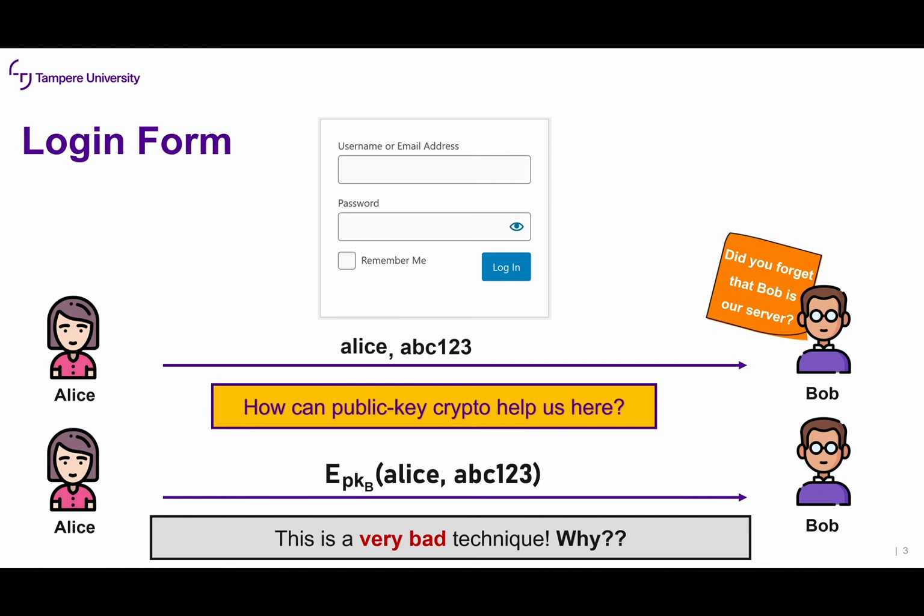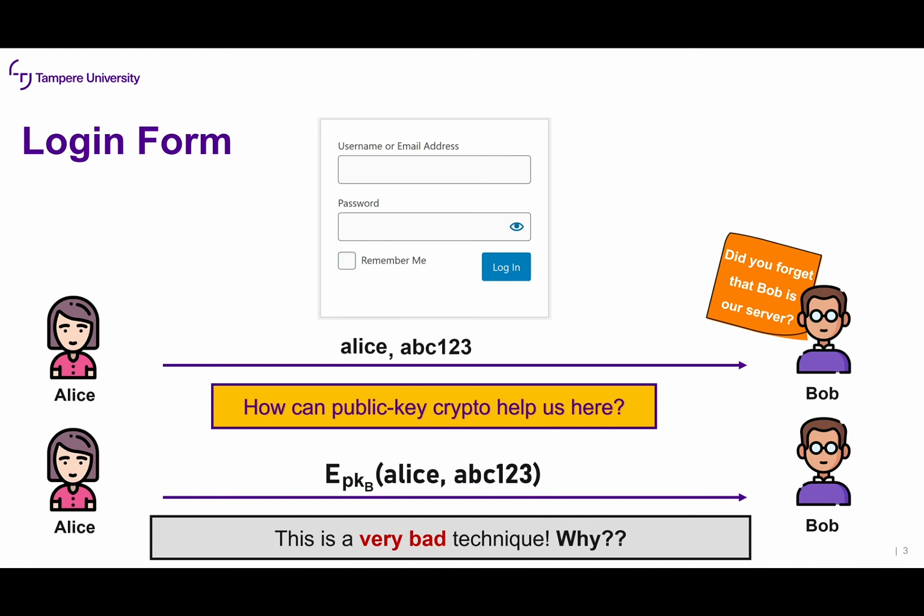It's because if we encrypt all of our private information with Bob's public key, it's like we are assuming that Bob will always be trusted, right? So giving out our password to Bob is not a good strategy, right? We must make sure that our password will never be known to anyone else but us, the actual password, right?